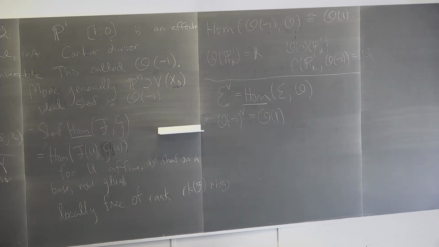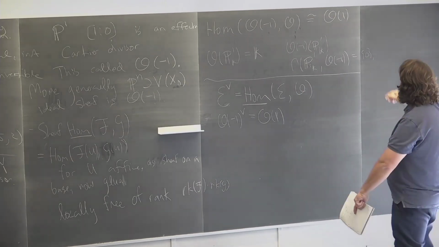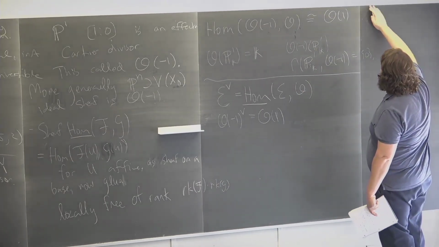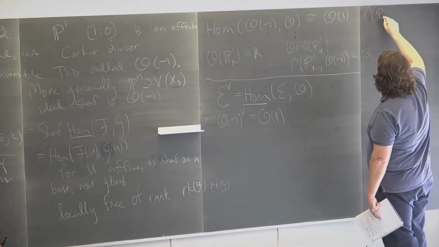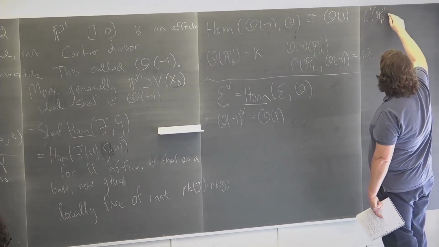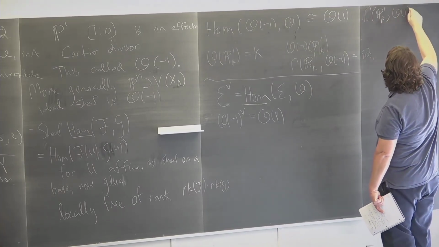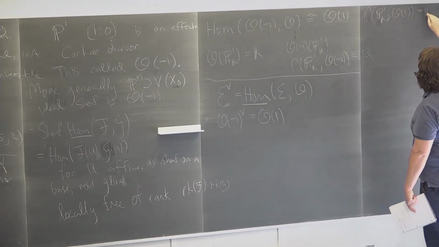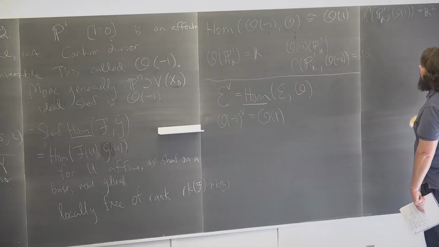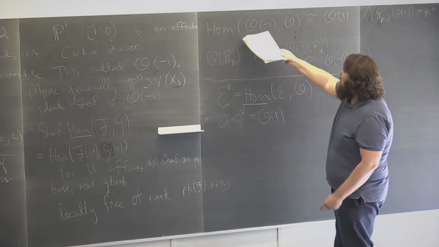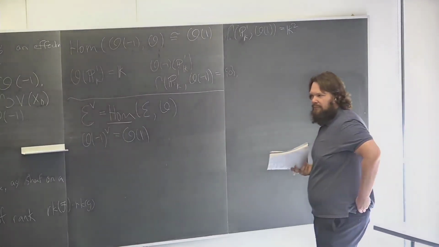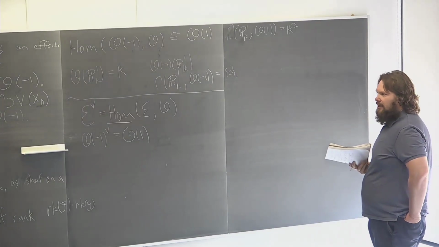And you can check, it's relevant here, if I take the sections of O(1), that's actually two-dimensional. In particular, there's obviously an inclusion map, so we can tell it's not 0.